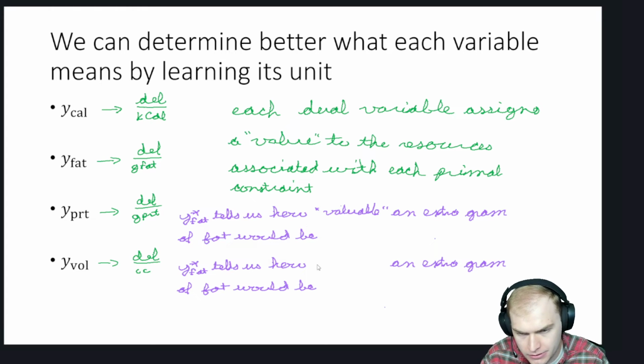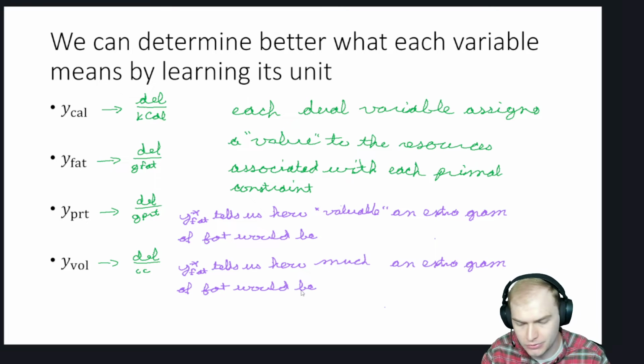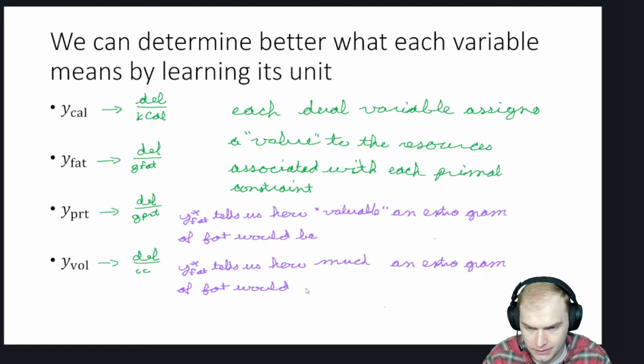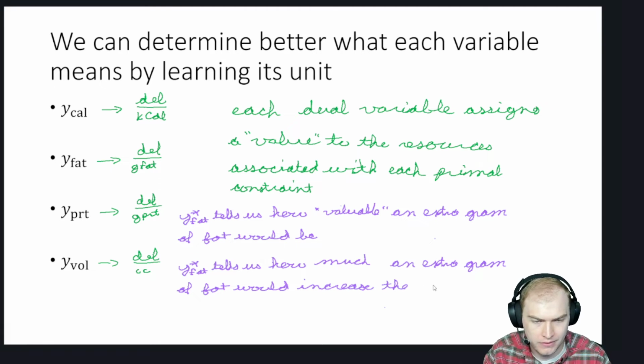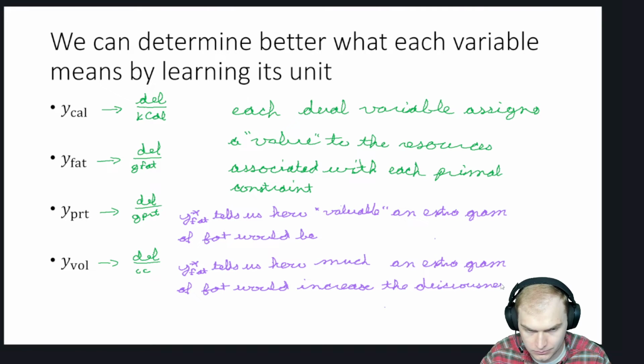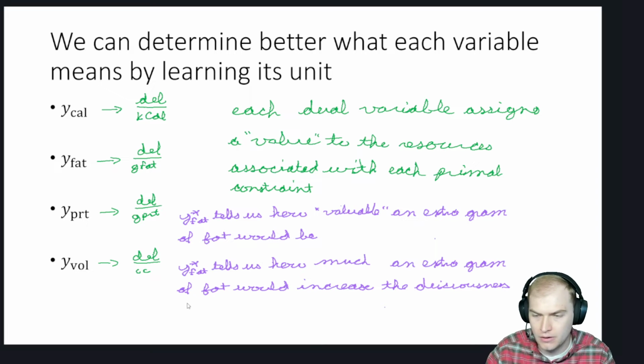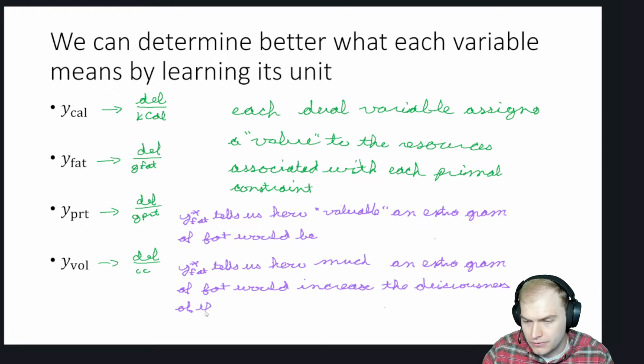It tells us how much an extra gram of fat would increase the objective, or the deliciousness, of the current basis.